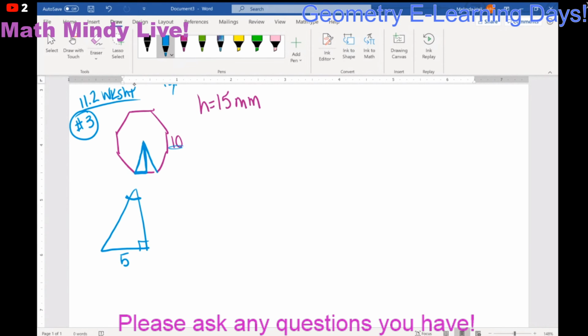To get the angle at the top, you do 360 divided by your number of sides, which would be 45 in this case. Then we divide that by 2 to get 22.5 degrees.